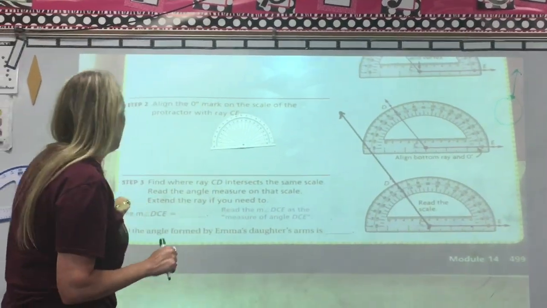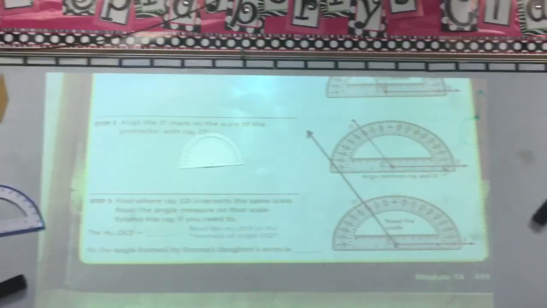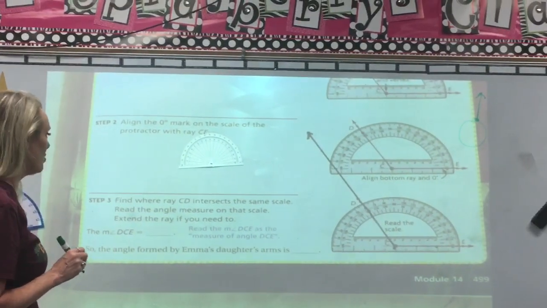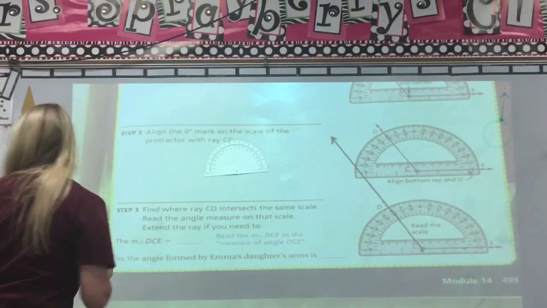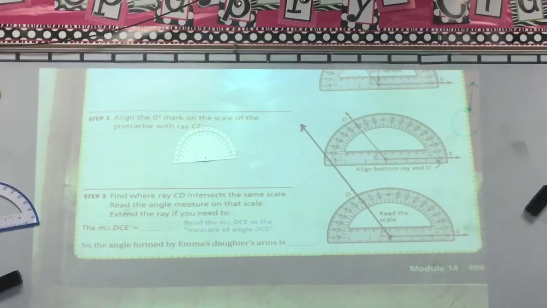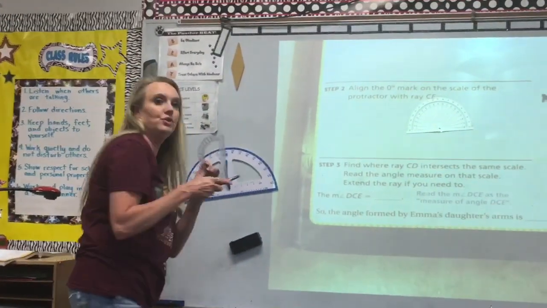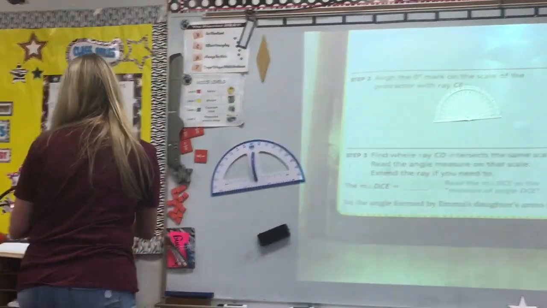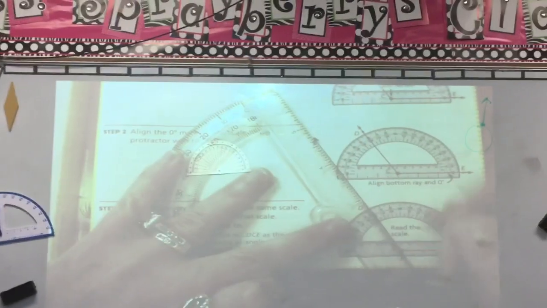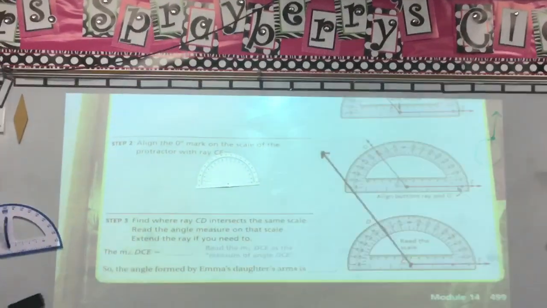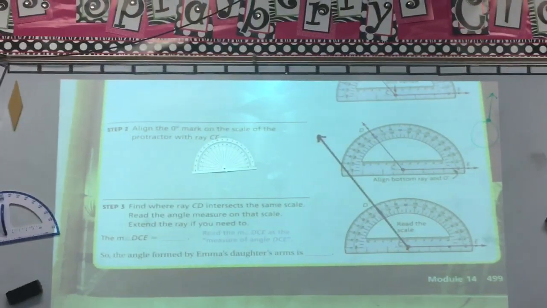So, it says find where ray CD intersects the same scale. Read the angle measure on that scale and extend the ray if you need to. What I've done in my book is you can take the protractor and use the straight edge to extend the line from the vertex, so it can be easily read.